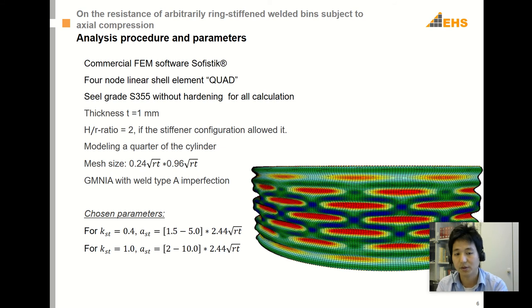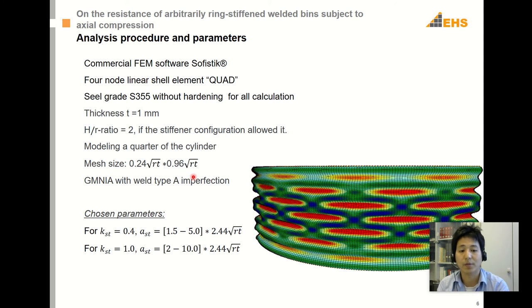To reduce the calculation time, we modeled only 1/4 of the cylindrical shell, and according to the mesh convergence study, we used different mesh sizes in two directions. All calculations used geometric and material nonlinear analysis with the welded type A imperfection.